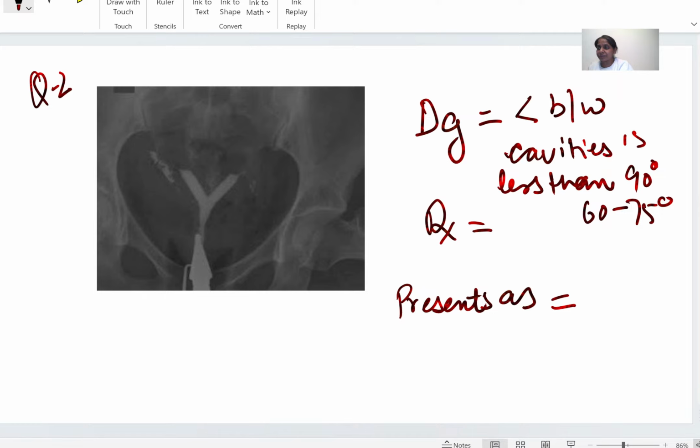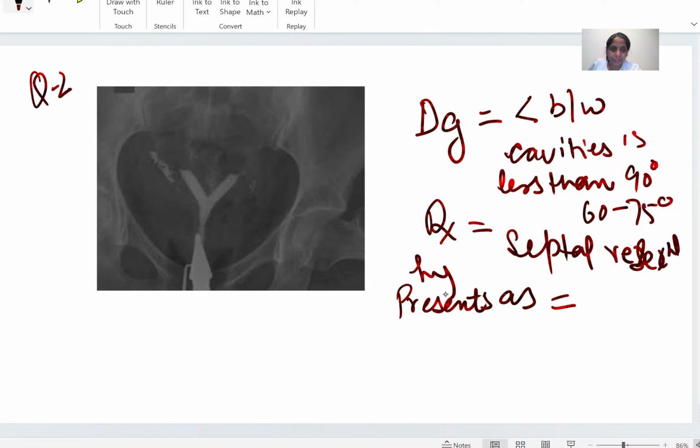What is its treatment? Septostomy, septal resection, and that is done hysteroscopically. Very good.